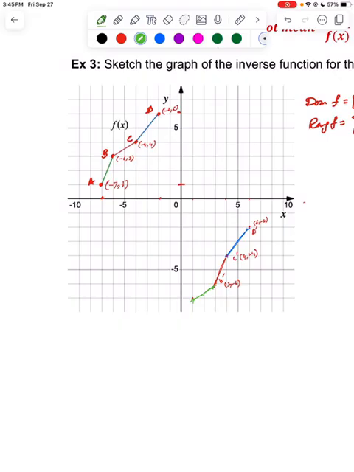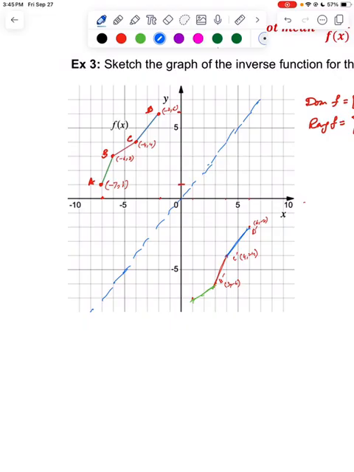So now what will happen, if you can see it, if I draw a line y is equal to x, which will go through these grid points, then we should be able to see that if we fold our graph about this line, these two functions will map onto each other, or will come on top of each other.